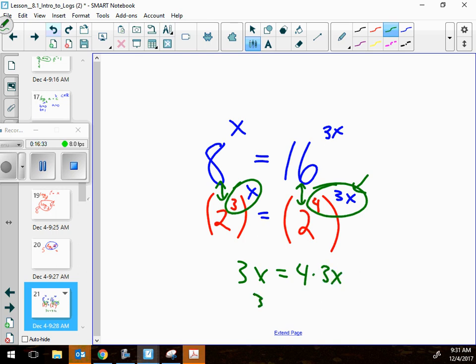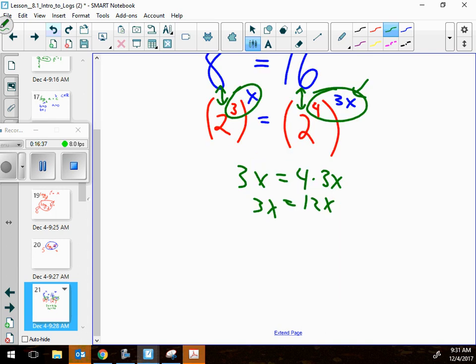So I could say 3x is equal to 12x, and then I could divide this down, and don't worry, I know it's a little weird, but let's keep going here. Minus 3x, minus 3x, and I get 0 equals 9x. What? Did I do something wrong? No, I didn't. What's the answer?